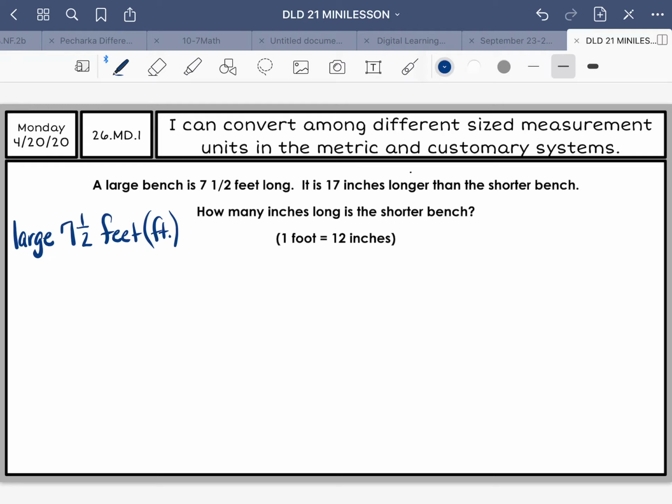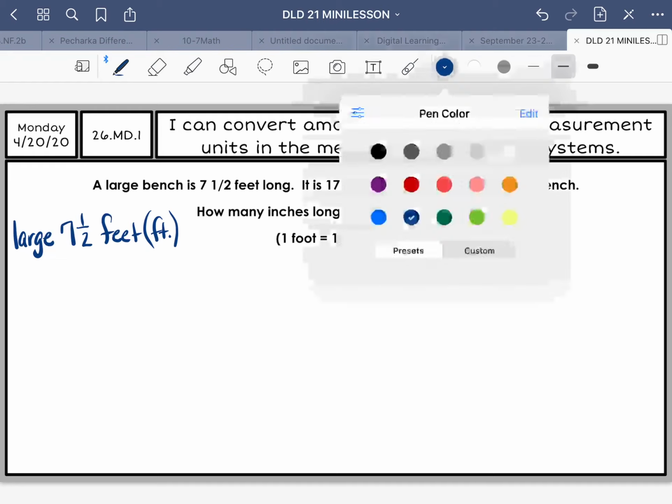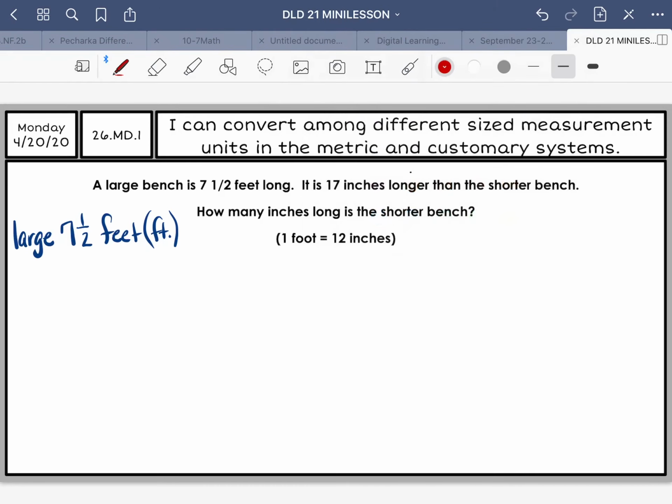I also see that we have this number, 17 inches. And it tells us that this large 7.5 foot bench is 17 inches longer than the shorter bench. So we basically have to figure out how many inches long is that shorter bench.